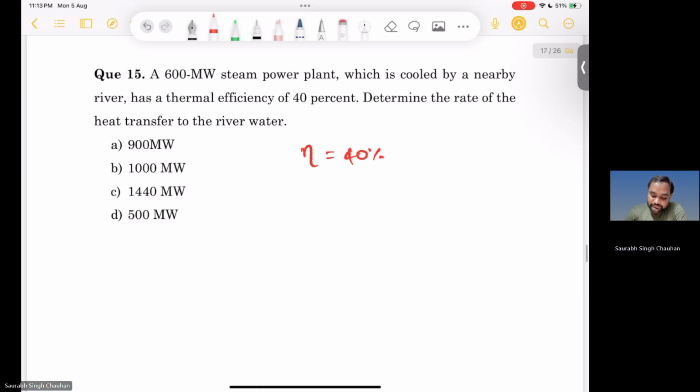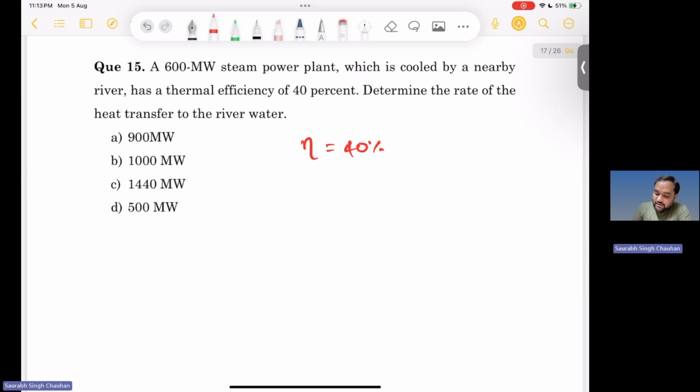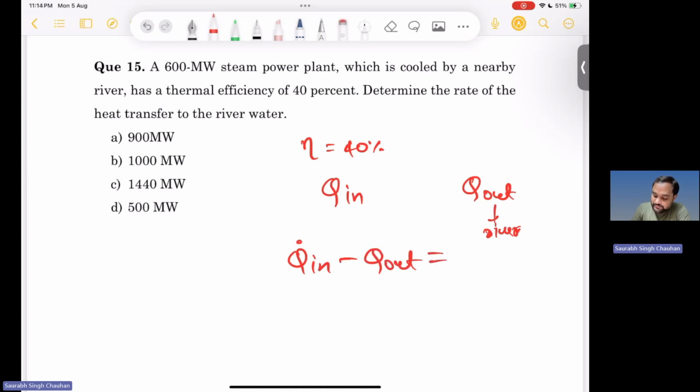Okay, so let us say this steam power plant is getting some heat, let us say Q in. Okay, and it will reject some heat to the river, Q out. And the difference of Q in minus Q out, that will be your rate of power production.